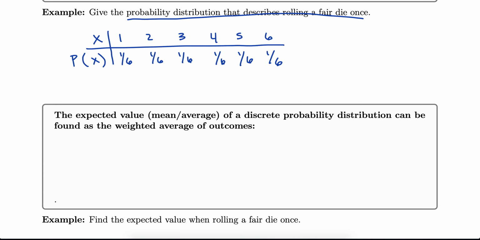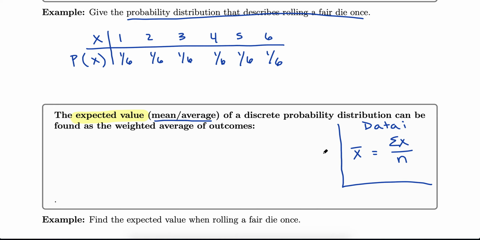Now, let's tack on another vocab word: the expected value. Think of expected value as just a fancy word for the mean or average of this distribution. As a little side note, if you recall, for data we had the mean, we used the notation x bar, and we said that was add up all the data points and divide by how many you have.